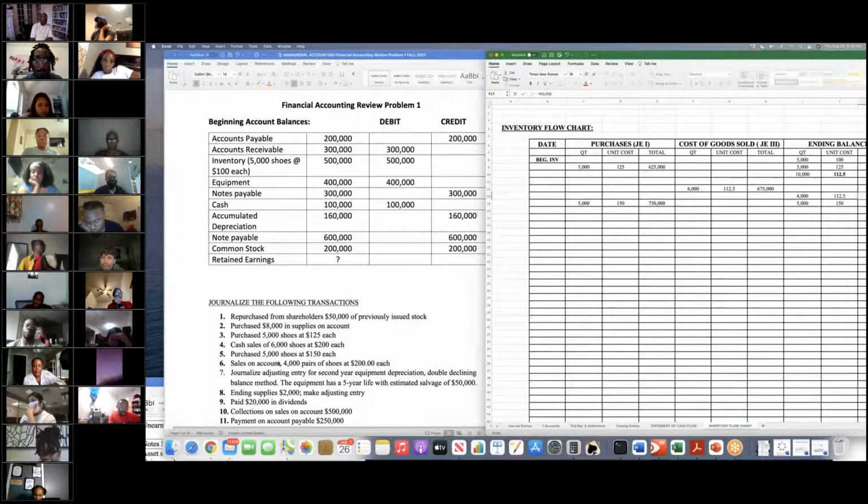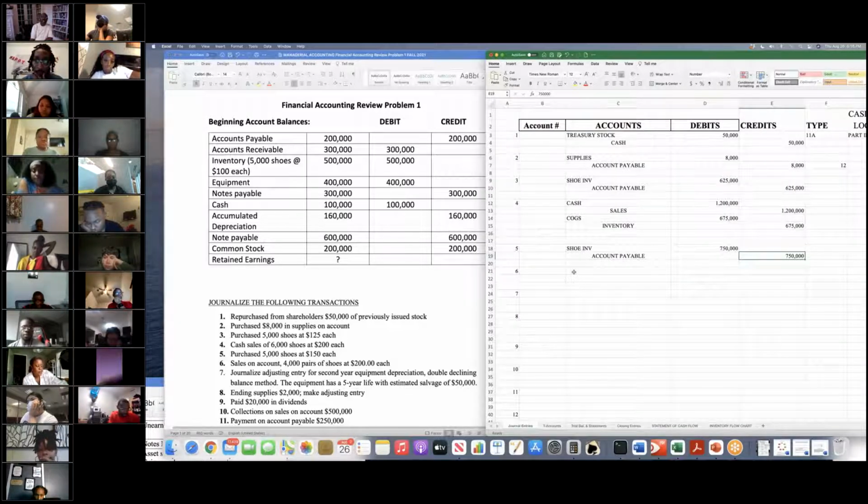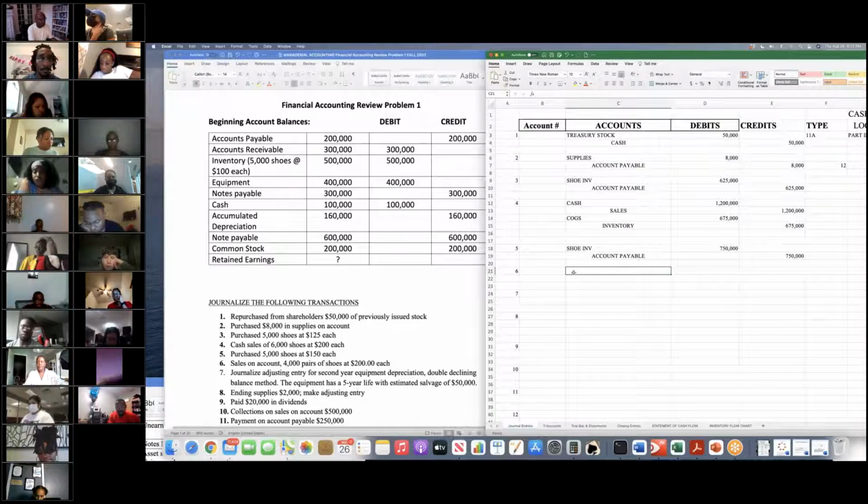Okay, then in 6 we have a sale on account. So that should have been $200. So let's go to our journal entries now. So we're going to debit what? Since it's a sale on account, we're gonna debit account receivable, right? Mhm.